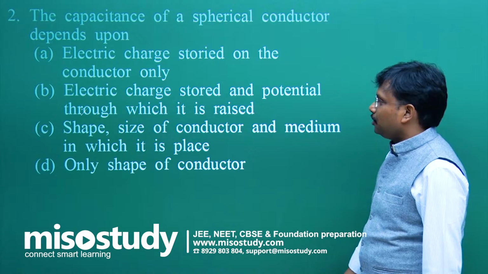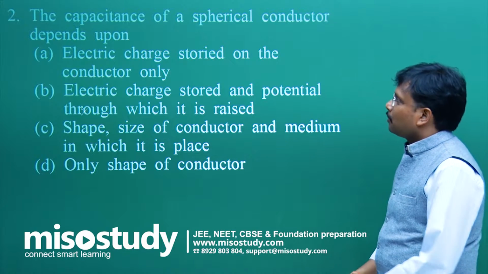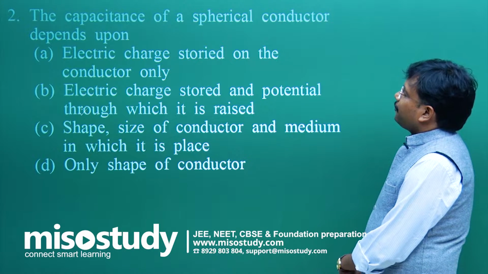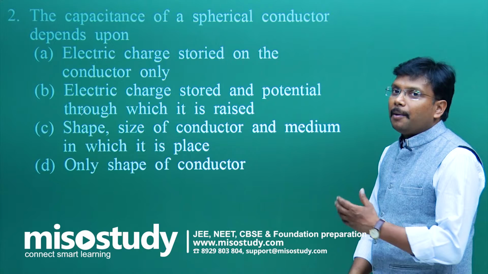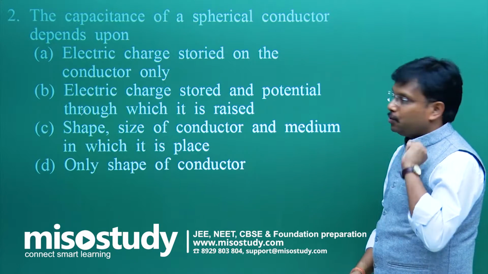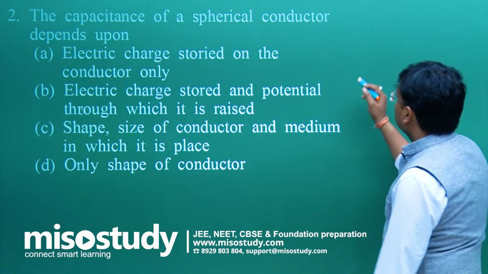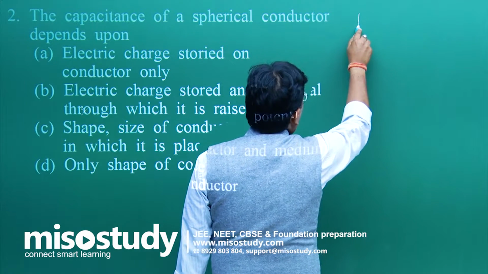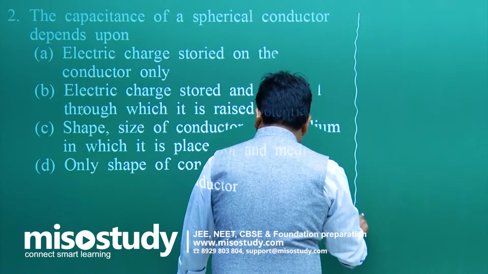Then comes this question. The capacitance of a spherical conductor depends upon what? These are certain options given to you. So what I will do, let me draw a simple diagram over here. Fine.